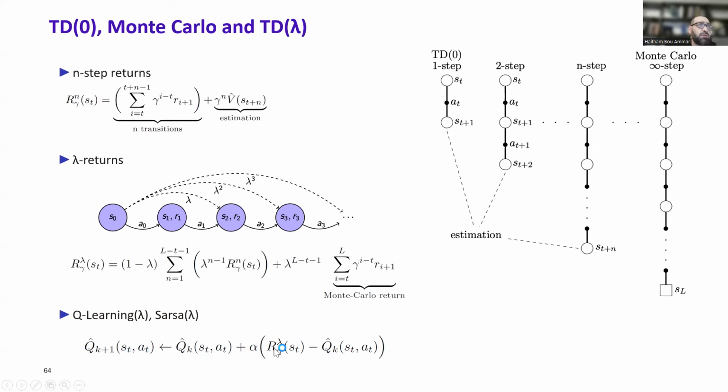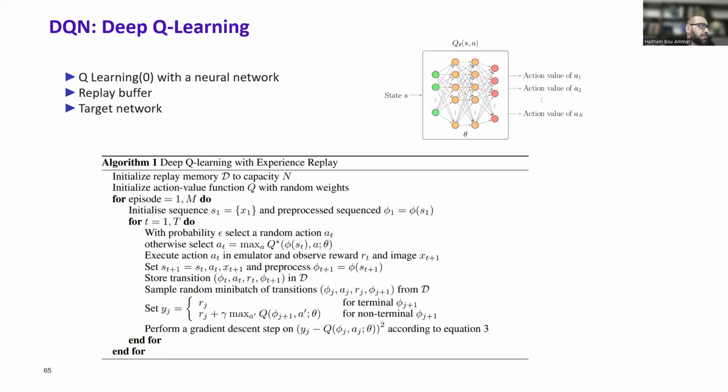But now, instead of the one-step reward plus gamma and so on, you use this equation which trades off the two components together, and then you subtract the current estimate you had of S_t and A_t. That way we are able to do the estimation for Q-learning lambda or SARSA lambda. Okay.